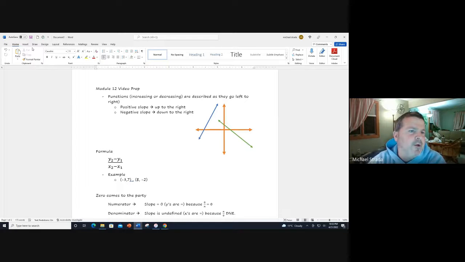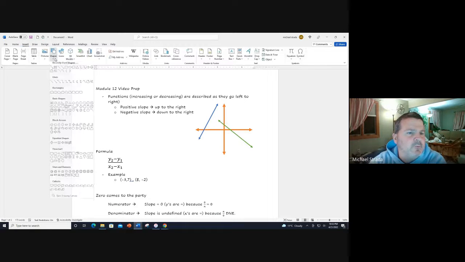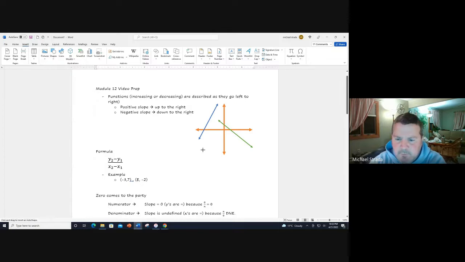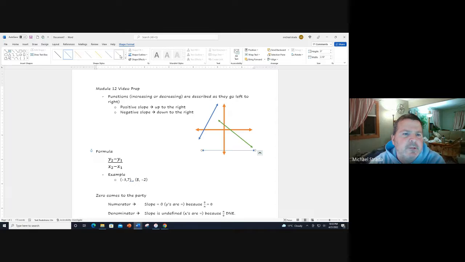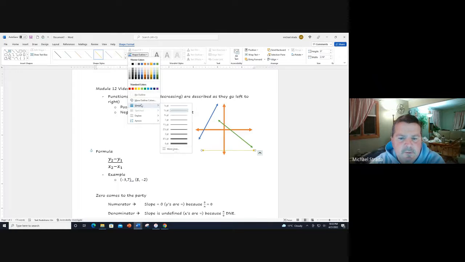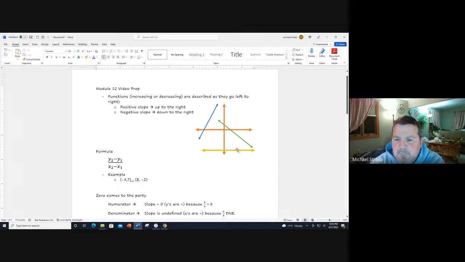If you have a horizontal line, which is neither increasing nor decreasing, then we think of that as having zero slope.